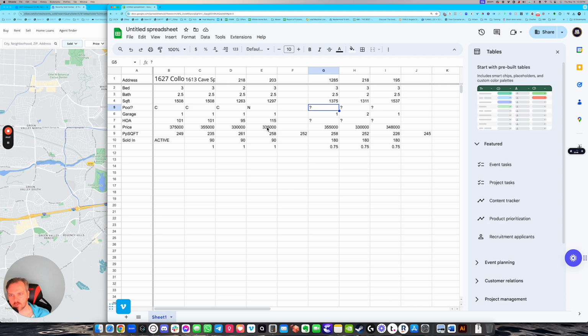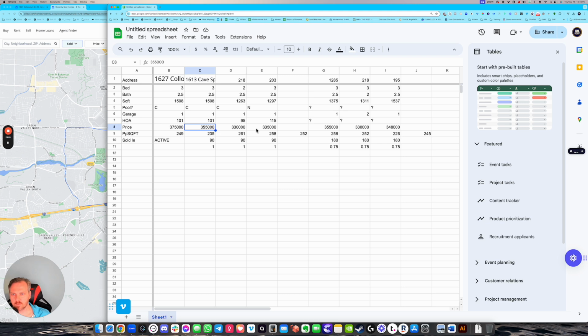Same thing here. So when you're adding or subtracting things, so this is a 2-bedroom. If I wanted to make this a 3-bedroom, based on what I'm seeing, it would probably come out to about, let's see, what are we looking at for a bedroom?